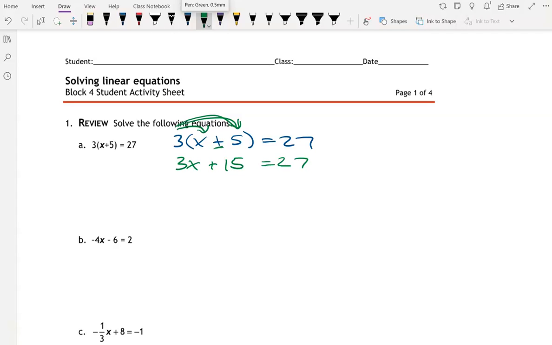Now I can solve this two-step equation, first of all, by undoing the addition that we see here. It is adding 15, so I have to undo that addition by subtracting 15 from both sides of my equation. And when I do, 15 minus 15 is 0, so I have 3x only on this side.